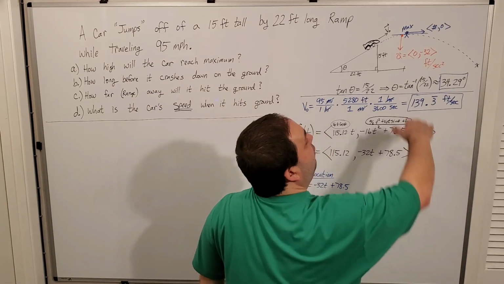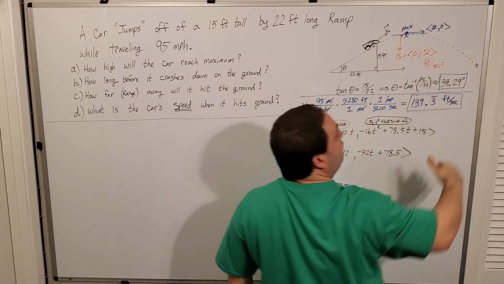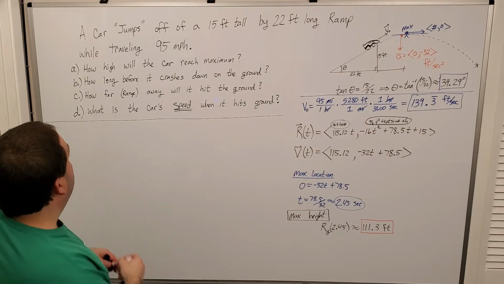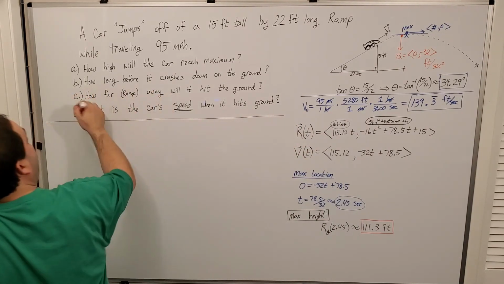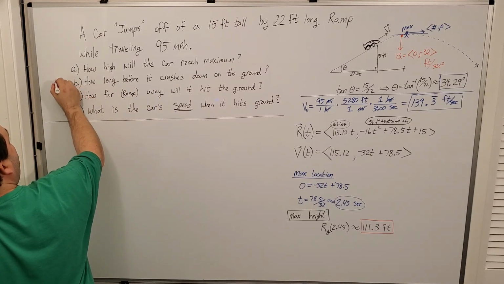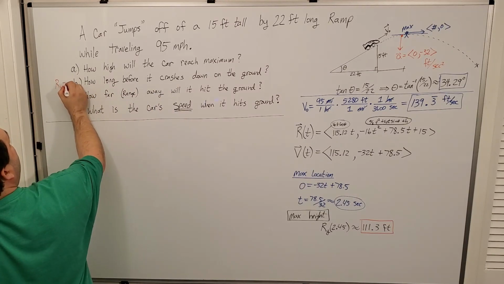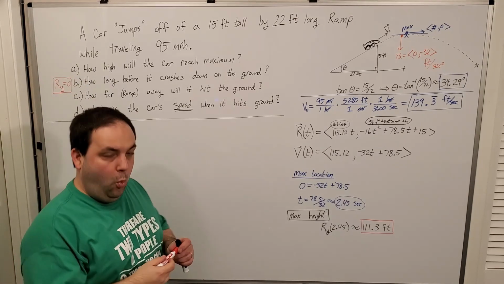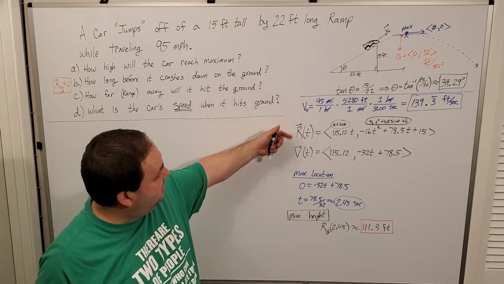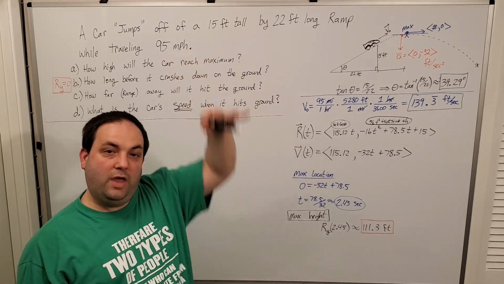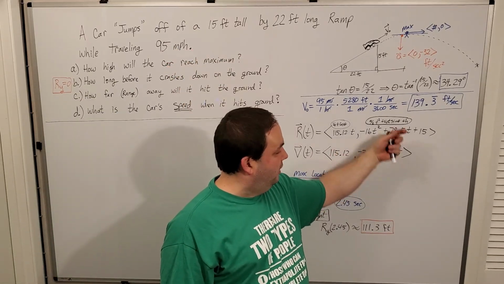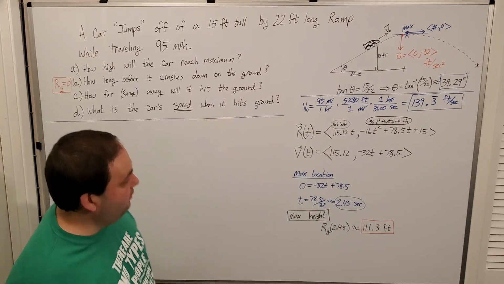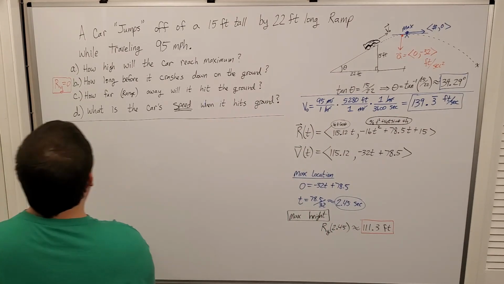Okay, so how long before it crashes down on the ground? Well, hitting the ground means that the height is 0. So for letter B here, that's going to happen when R sub y is going to be 0. The y component of the position function, the height, is going to be 0. It's hitting the ground. So that's what I'm going to solve first.